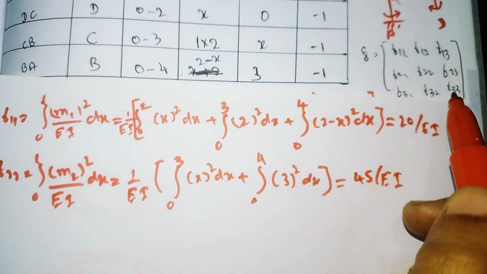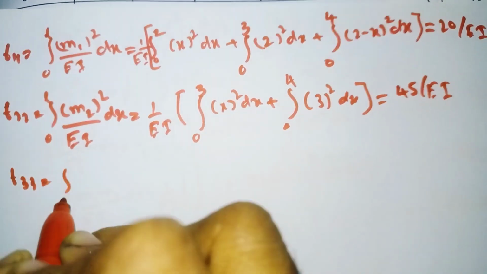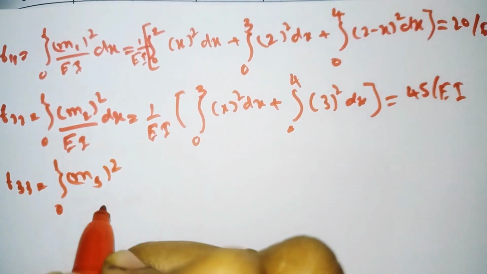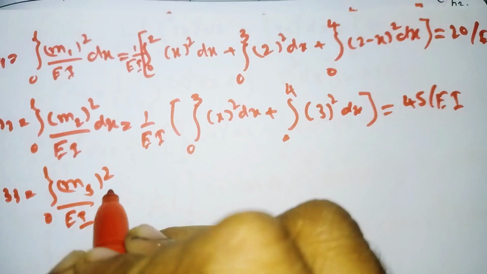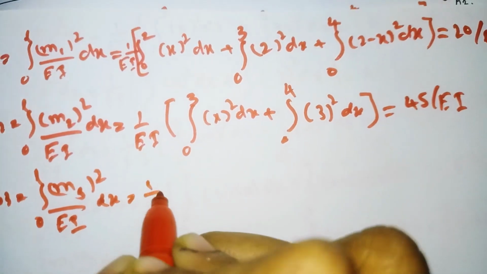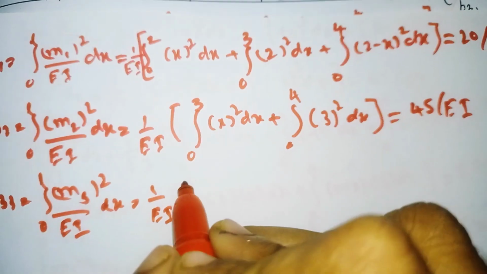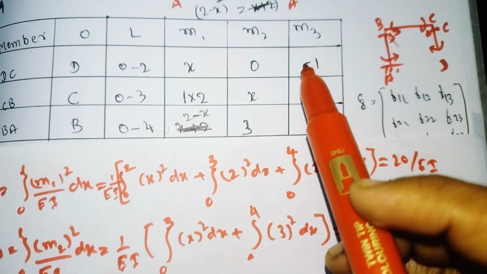Similarly, we need to find F33. So F33 is equal to integration of 0 to L M3 square divided by EI into dx, is equal to 1 divided by EI. I am taking it outside, bracket, integration of M3.